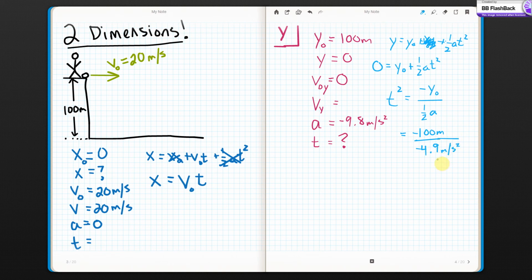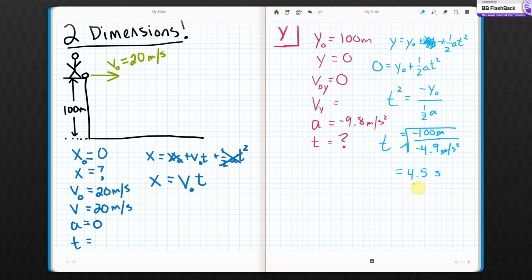Okay. Notice the meters cancel out, and I have a fraction over fraction, so what I'm getting here are seconds squared, which is good because I've got a t squared. So if I do all that, and then take the square root too, put that in a calculator, I will get 4.5 seconds.